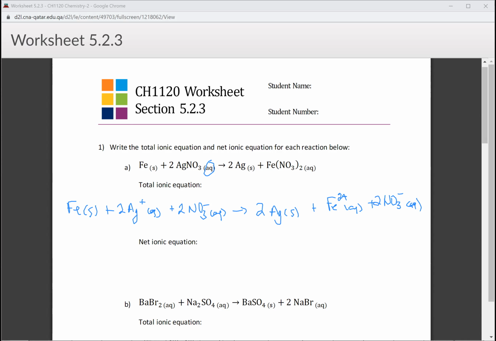Now, when you want to write the net ionic equation, you cancel any chemicals that appear on both sides. So my nitrates are gone. You'll notice nothing else is the same. They're solids, they're aqueous, they're not the same. So once you've canceled your spectator ions, you just write what's left.